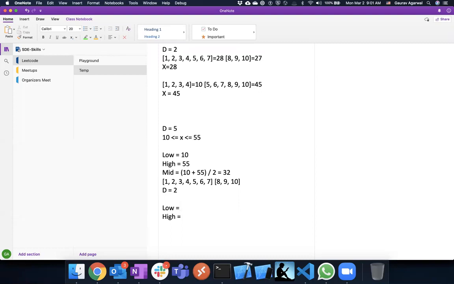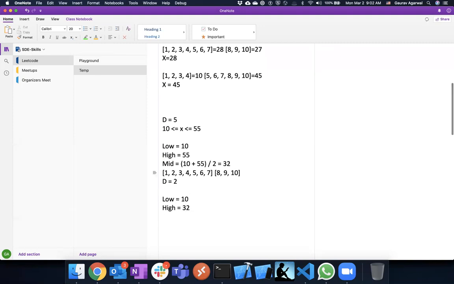Right now the target is completed in 2 days. So we need to decrease our mid. So what if low is 10 and we put high as 32? Then in this case, what's the mid now? It's 21.